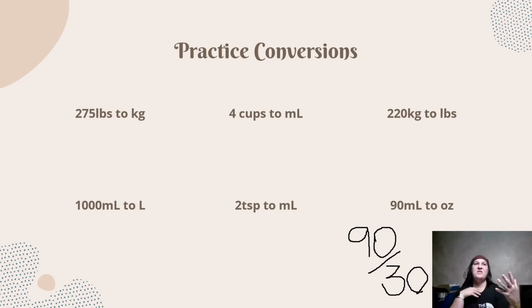Because if we know that there's 30 mLs in an ounce, we would just divide the 90 by the 30. So 90 by 30 is 3. We know that 90 mLs is equal to 3 ounces. Oh golly, that's tiny.